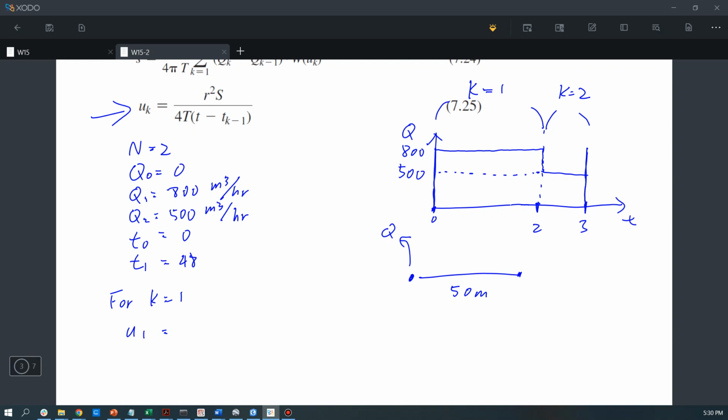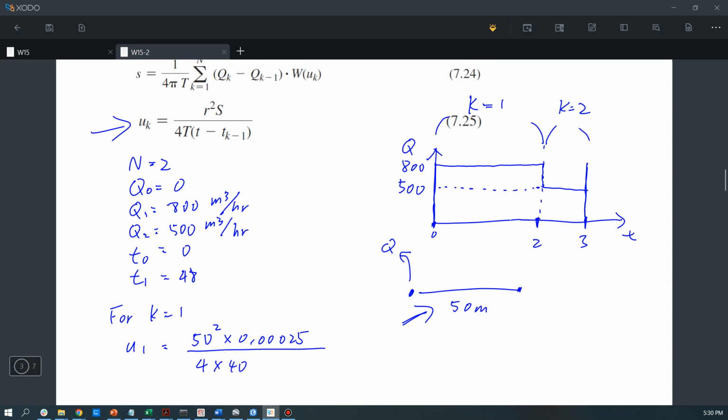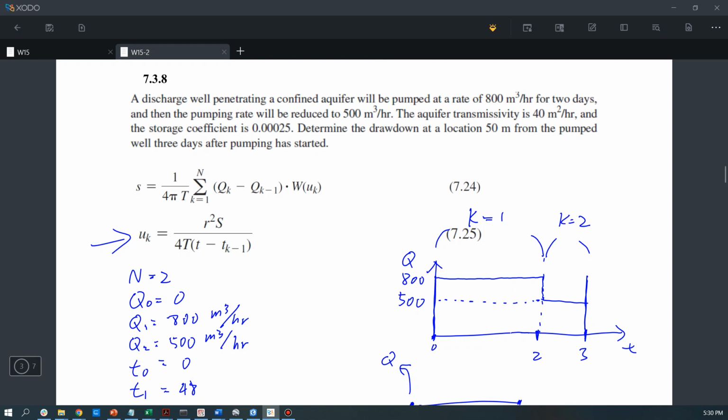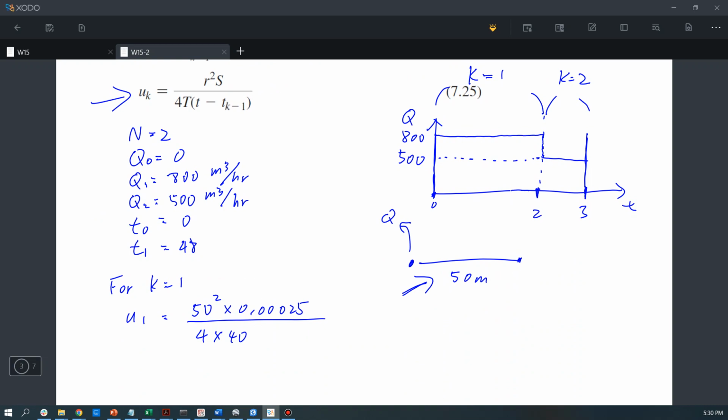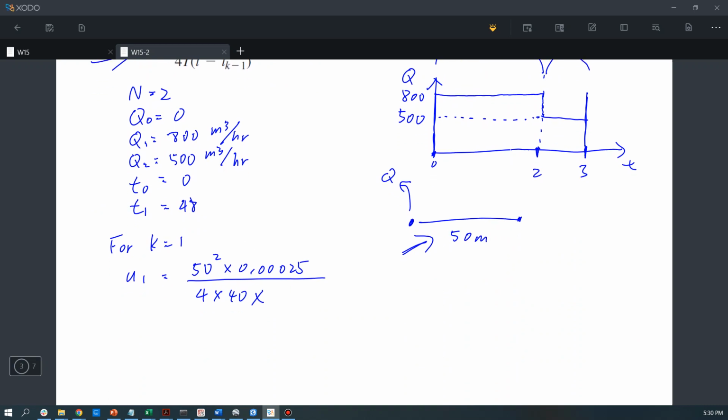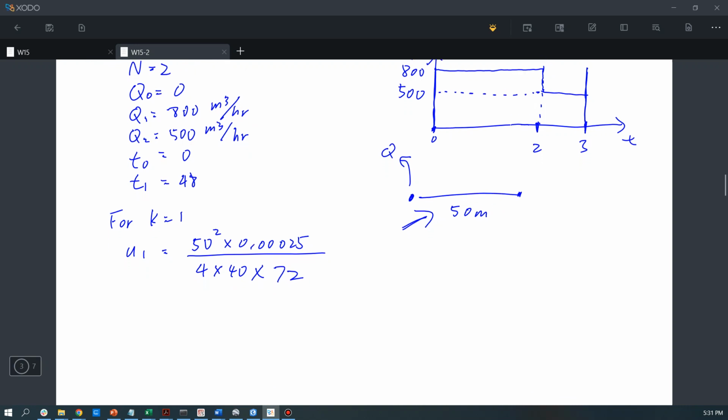So plug in the values: the distance r is 50 meters, times the storage coefficient 0.00025, divided by 4 times the transmissivity, 40, given by the problem, and the time is 3 days, which is 72 hours.